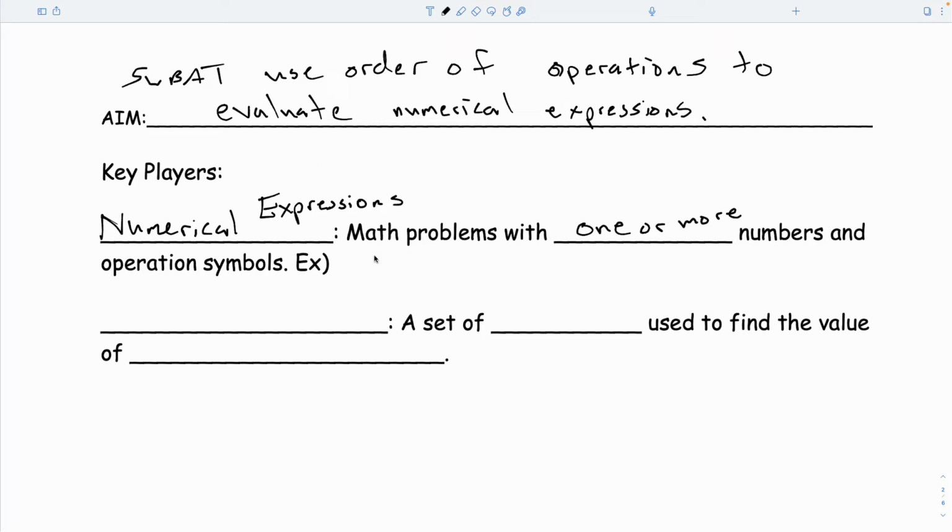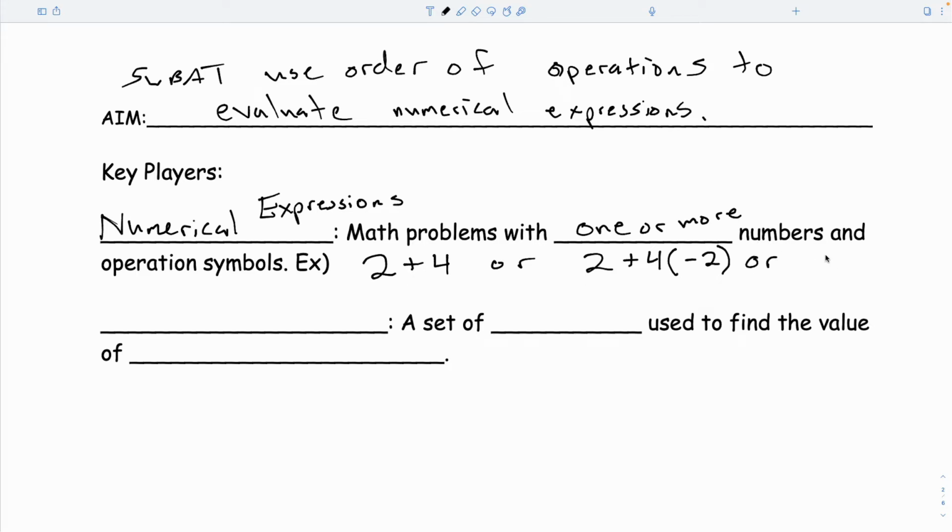Here's a numerical expression. An example is that. Ta-da! You have been working with numerical expressions all the last 2 weeks. Here's another one. There's another one. A little trickier.